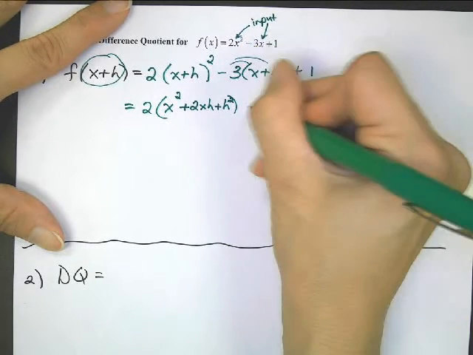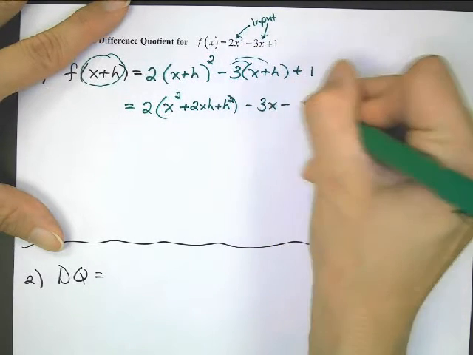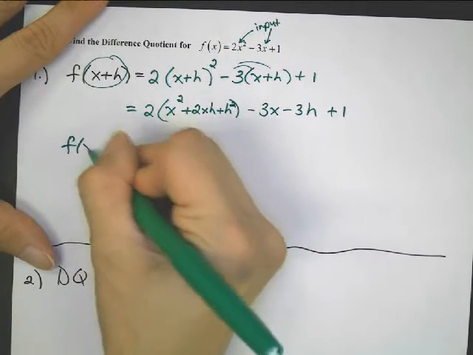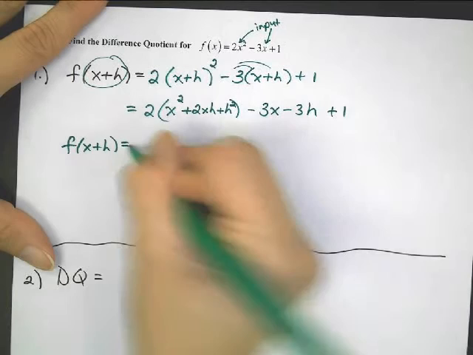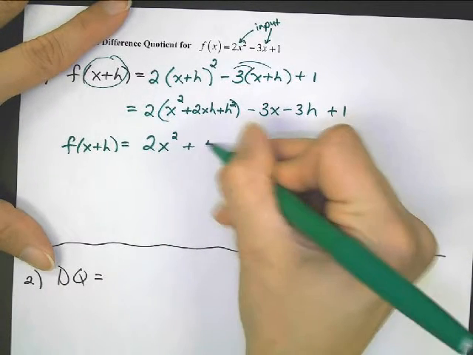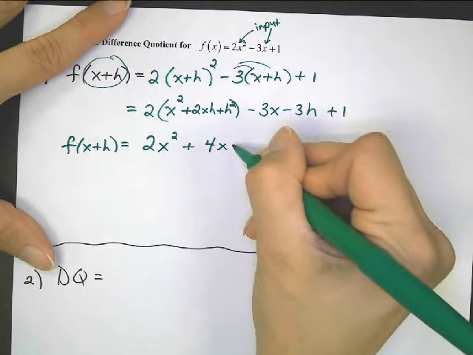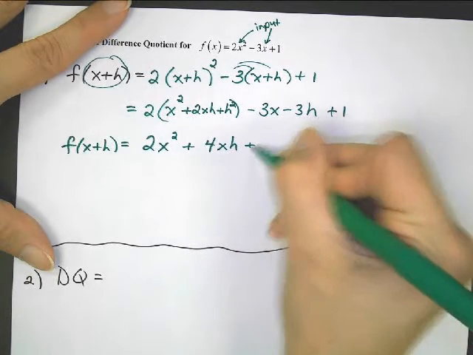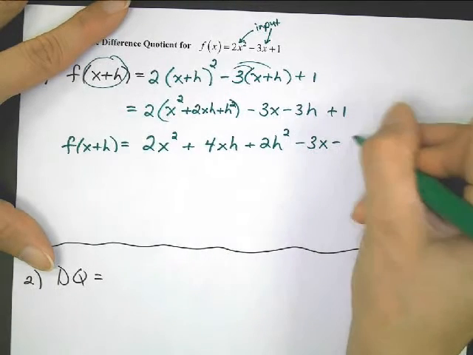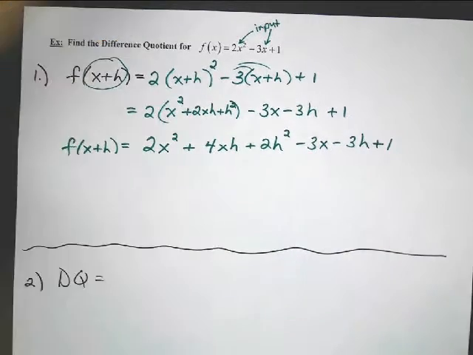Let's distribute a negative 3: minus 3x minus 3h plus 1. So f of x plus h is 2x squared plus 4xh plus 2h squared minus 3x minus 3h plus 1.